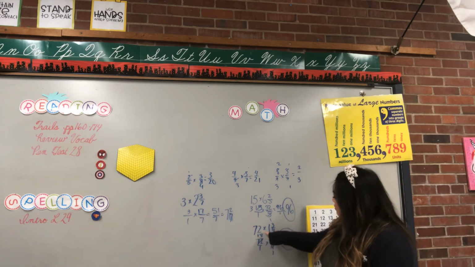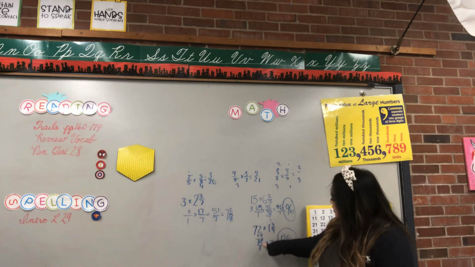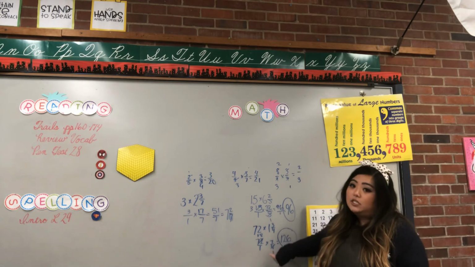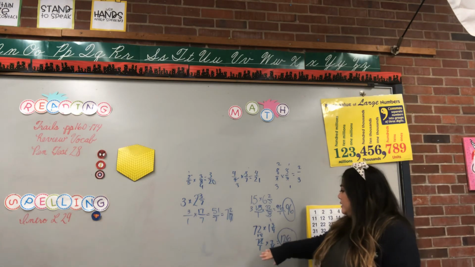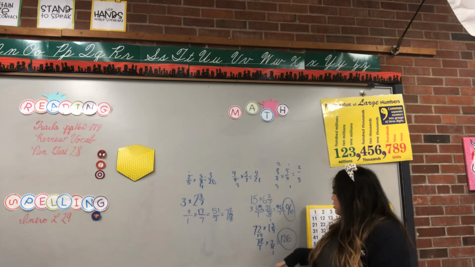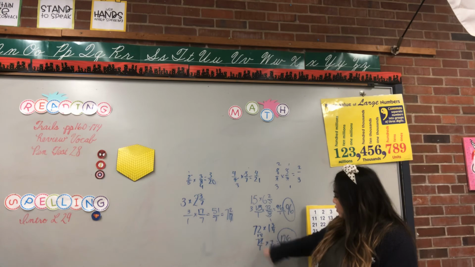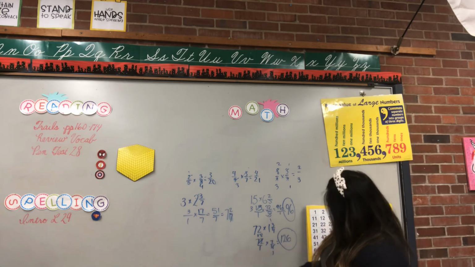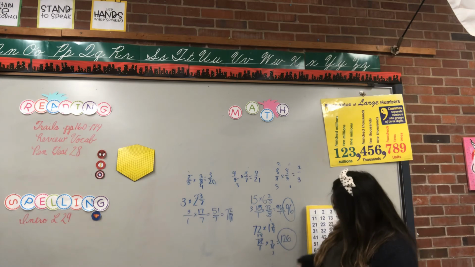Next, 17 times 1 and 3/4. Change the 1 and 3/4 to an improper fraction. Change it to 7/4. 72 over 1 times 7/4. You can cancel the 4 in the 72. It will go into it 18 times. It's divisible by 4. And this is 1.